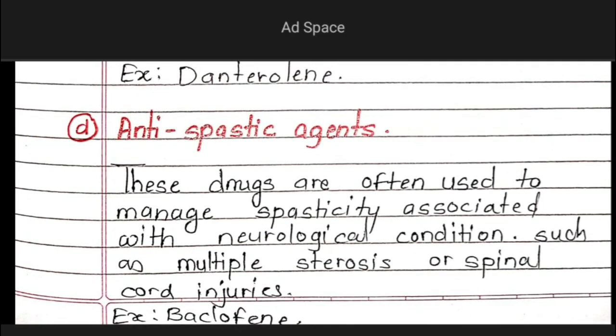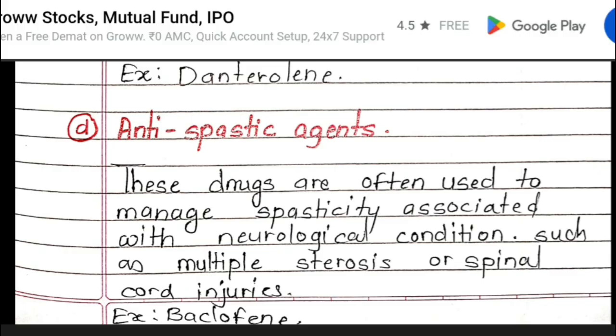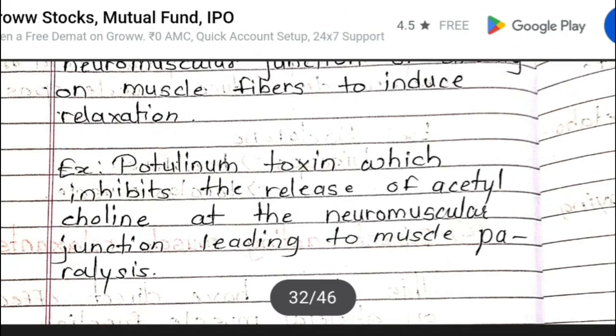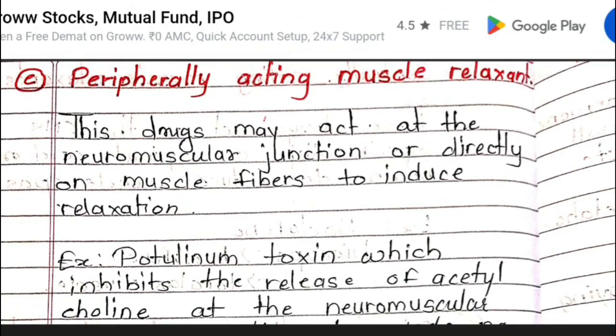Point D. Antispasmodic agents. These drugs are often used to manage spasticity associated with neurological conditions such as multiple sclerosis or spinal cord injuries, for example, baclofen. Peripherally acting muscle relaxants.